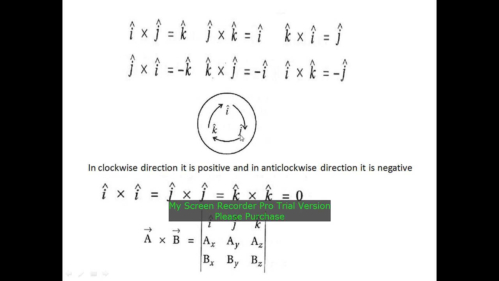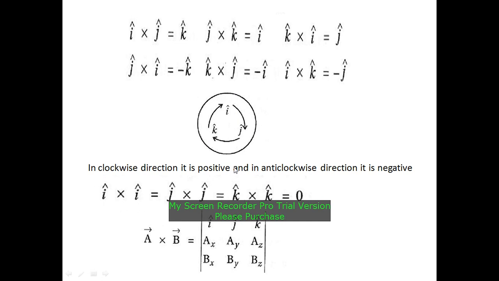So i cross j resultant direction is in the k direction. Means if it is the xy plane, then the resultant is along z. And i cross i, j cross j, and k cross k is 0.